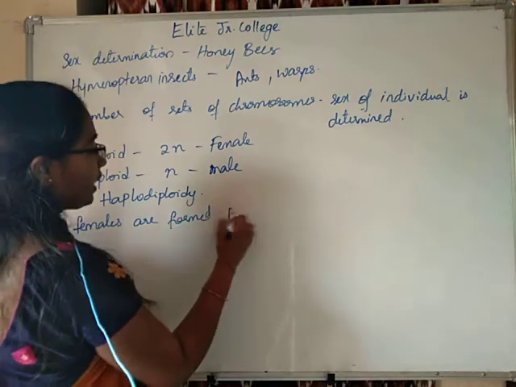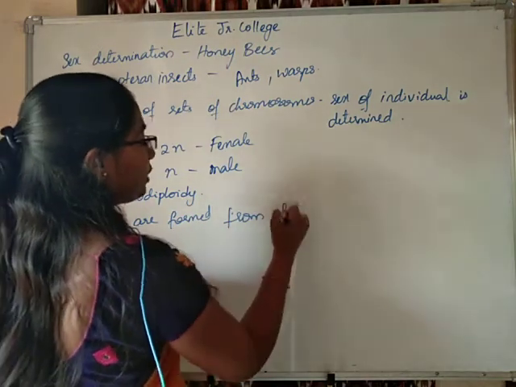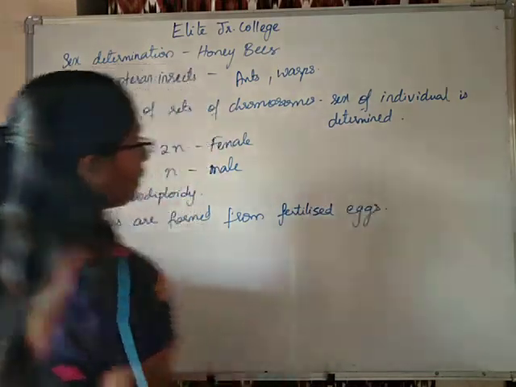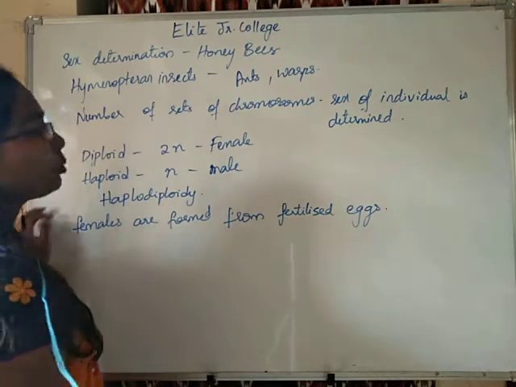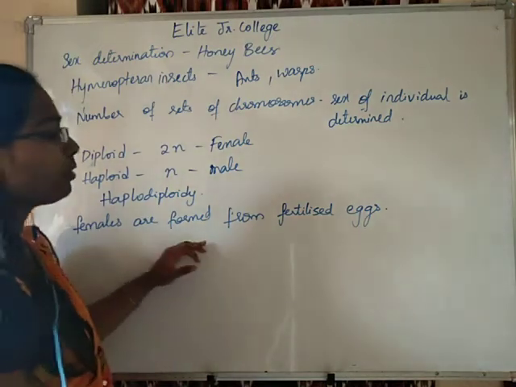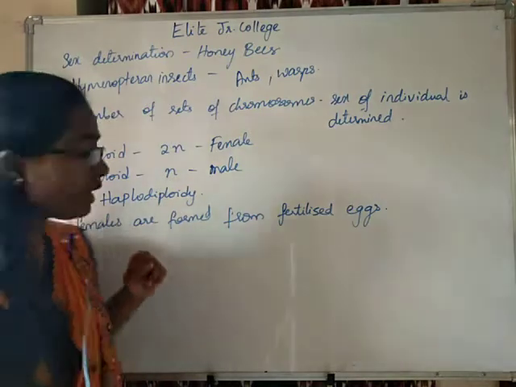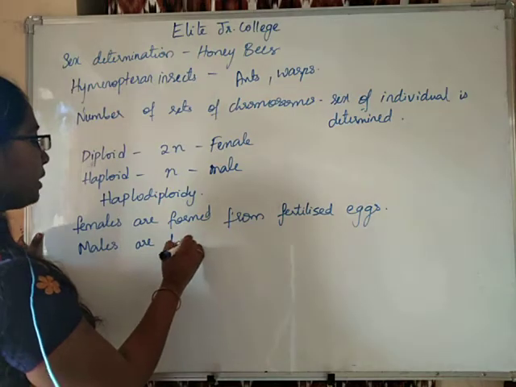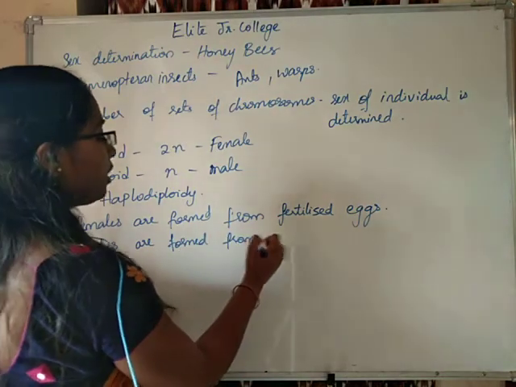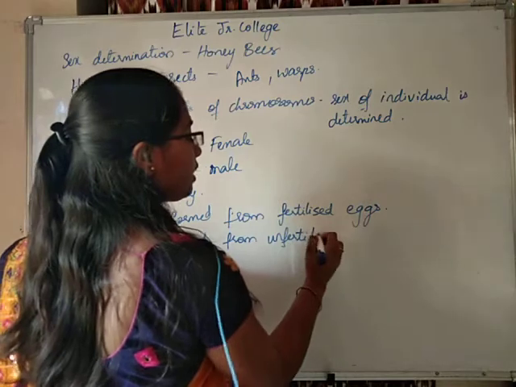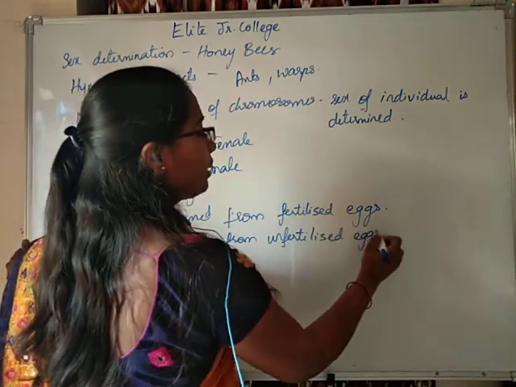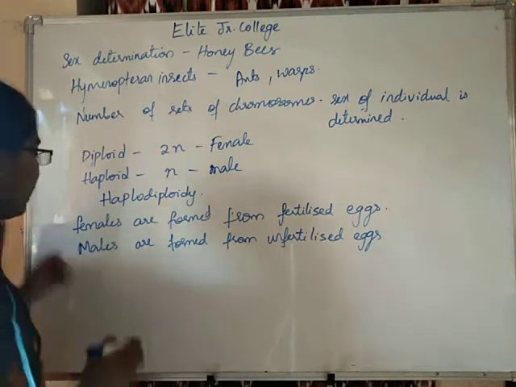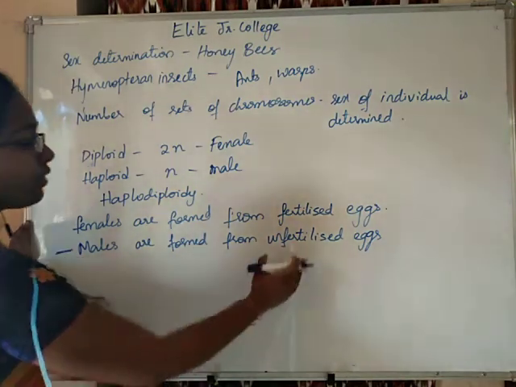Females are formed from the fertilized eggs, whereas males are formed from the unfertilized eggs. From the unfertilized eggs, males are going to form.